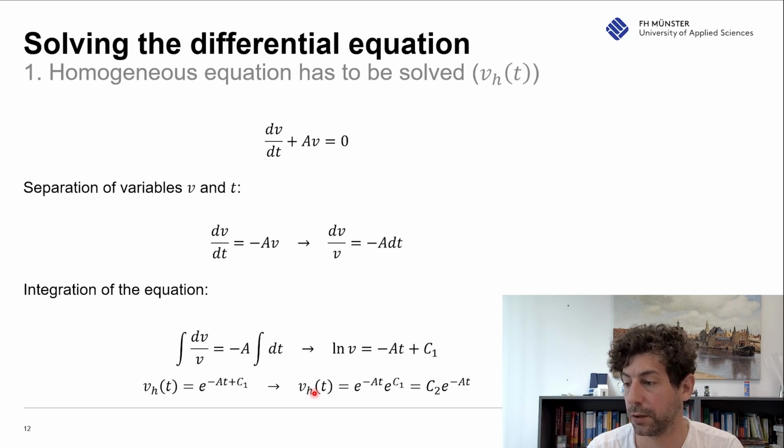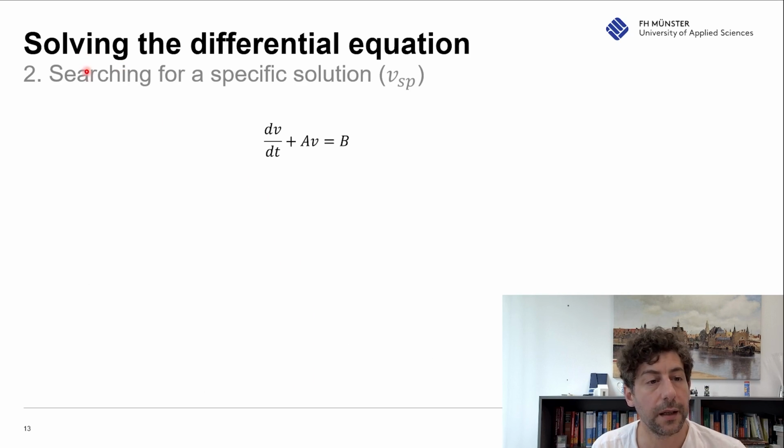So the first part is already done. Then we take a look at the second step, and the second step is searching for a specific solution. And the specific solution now means we want to have again a solution of the equation, and we want to know what is the velocity, but in a specific solution, so it gets the index sp for specific.